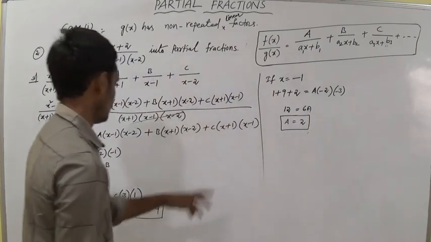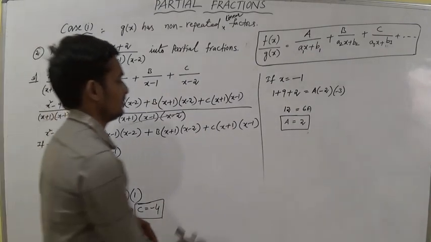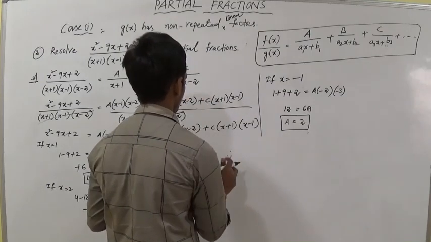So you are getting the value of A, B and C. So we are completed. Finally, what is our problem?